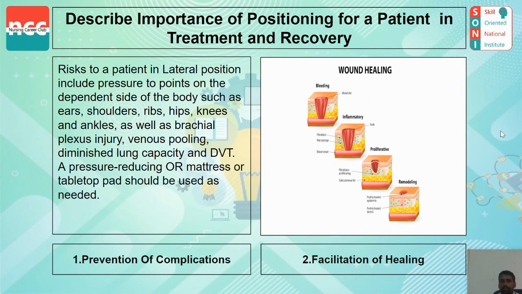A pressure reducing mattress or tabletop pad should be used as needed, and proper bedding is used for the treatment of a patient, and there should be a tabletop pad on the table as needed by the doctors or nurses.